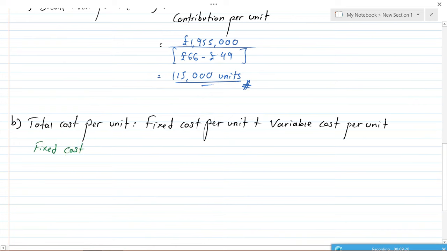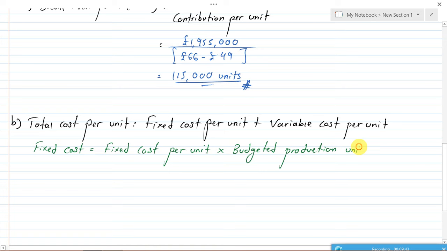How do you find fixed cost? Which is what? Fixed cost per unit times with what? Budgeted production unit.